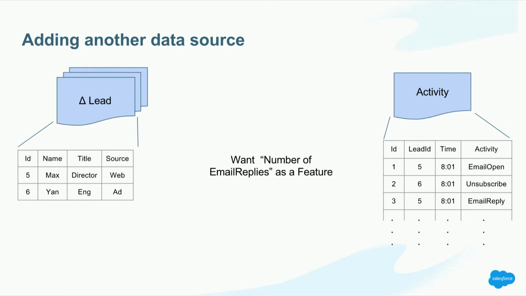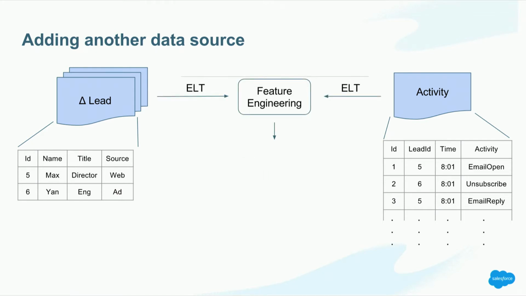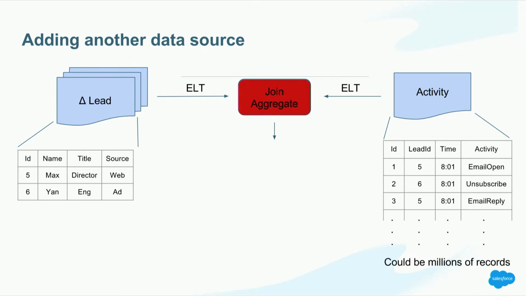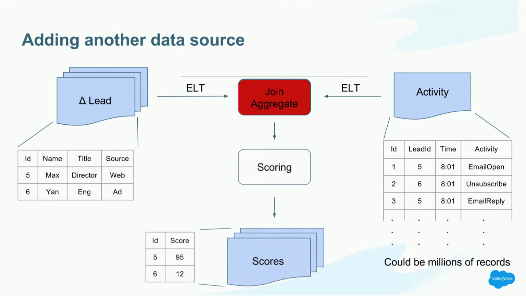We ELT it into our feature engineering step, but then we notice, oh no, we have to join our lead data with a potentially very, very large activity object. These fact tables tend to be very big, and this is a very expensive process. While it can give us more accurate scores, it's not something that we can easily scale to faster speeds.